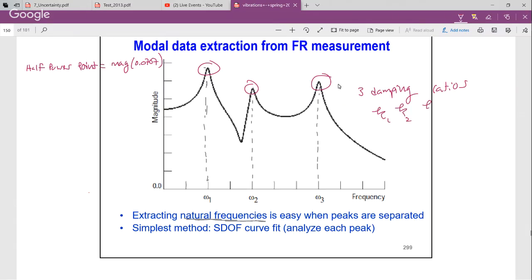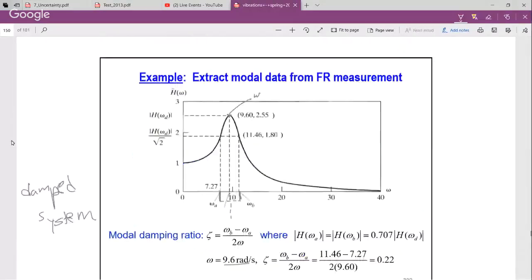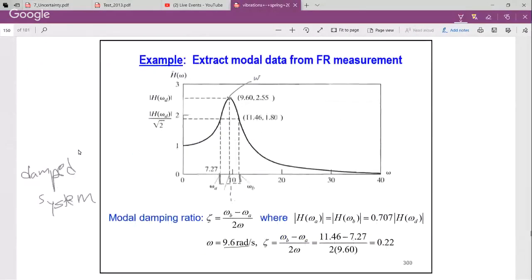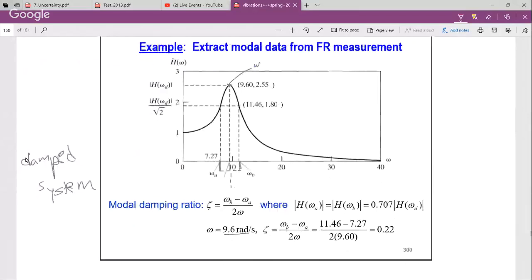So here's an example where we just have one peak, so one mode in this frequency range. The damping ratio estimate is the bandwidth, which is the frequency difference, usually in linear units.